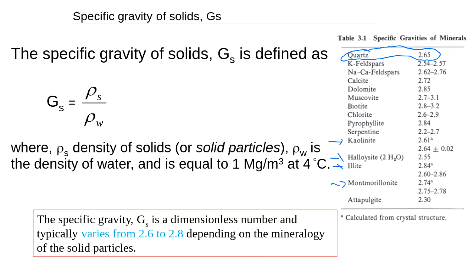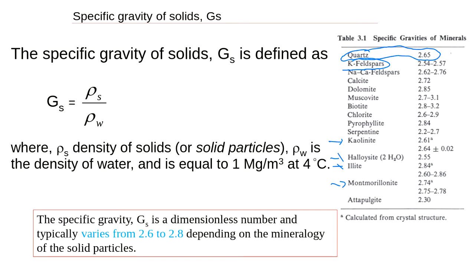But quartz is always there; it was in rocks and it still stays in soil. Typically also feldspar, which is similar to quartz in terms of properties. Quartz is typically the major mineral in all soils, and you see its specific gravity is 2.65.